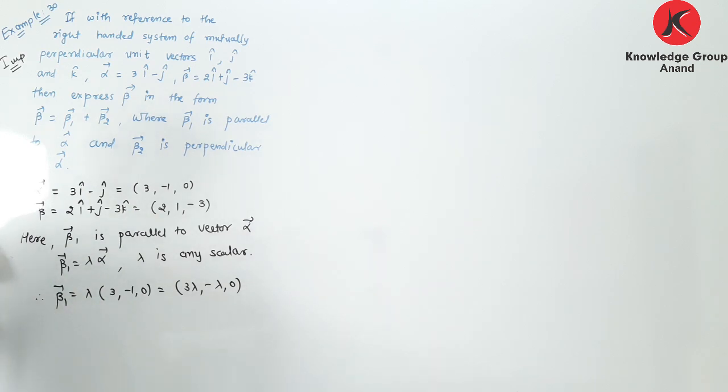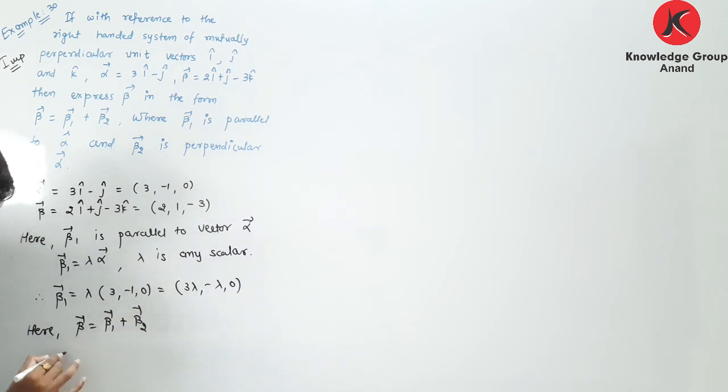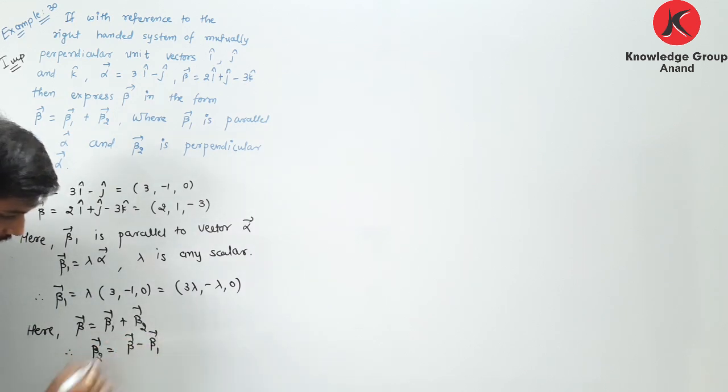Then we can conclude by use of beta 2 dot alpha equals 0. Alpha is given, beta 2 we have to obtain. So here it is given that the condition is beta vector is beta 1 plus beta 2 vector. Therefore, we can calculate the beta 2 vector, which equals beta vector minus beta 1.